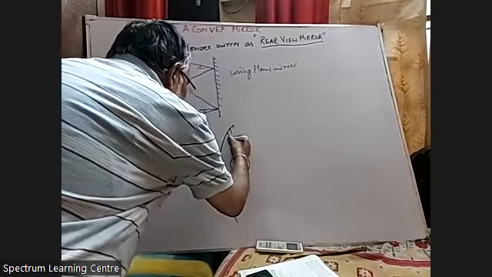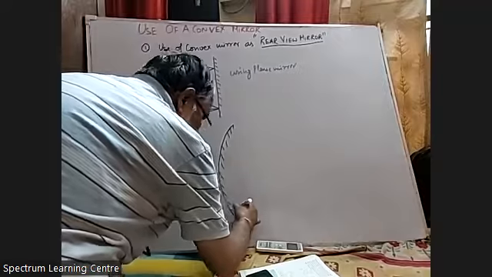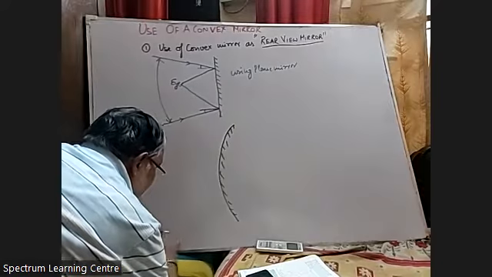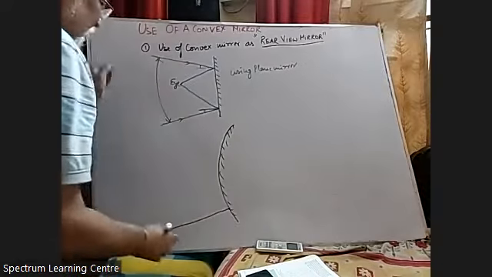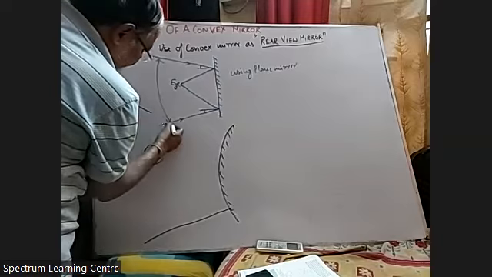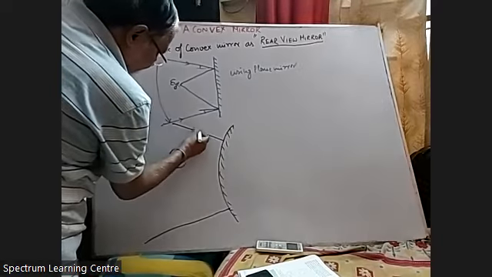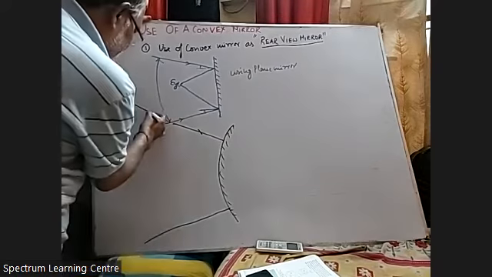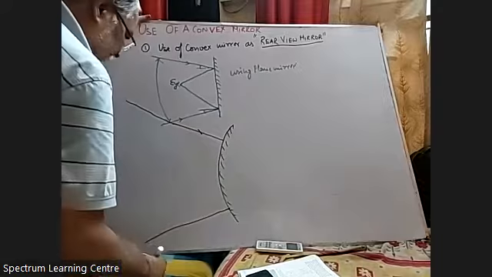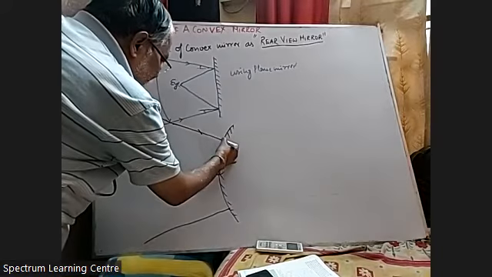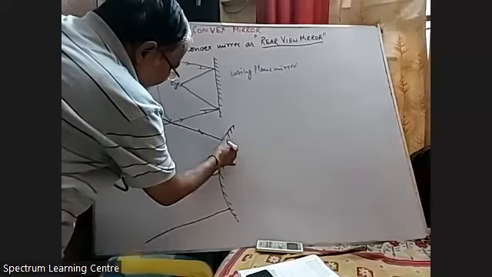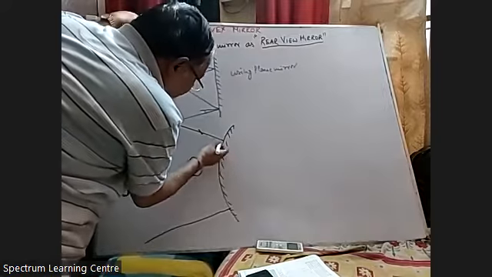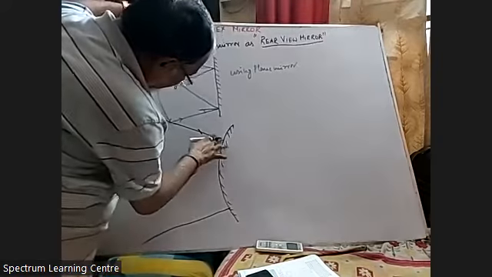Now similarly, in place of a plane mirror, if I use a convex mirror, what will happen? I will show you. Suppose this is a light ray and this is another light ray, and then after reflection I'll have to draw the reflected rays. This has become small.